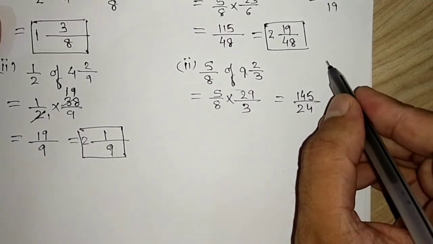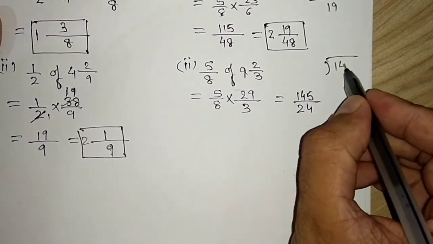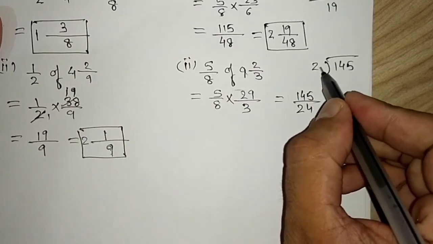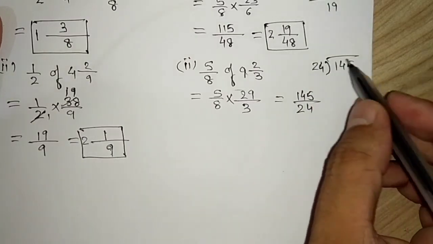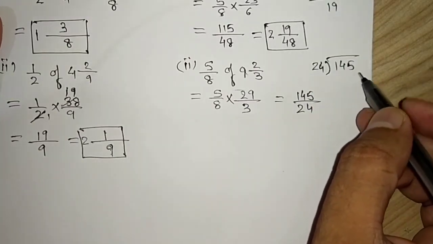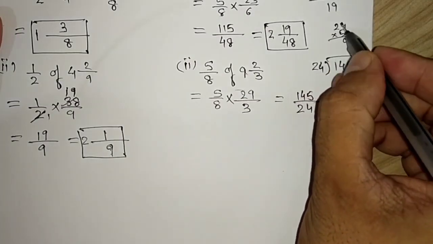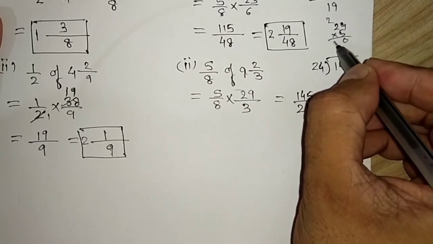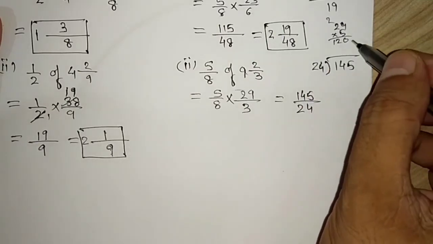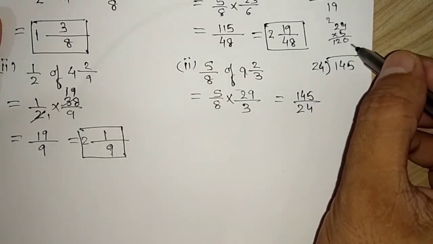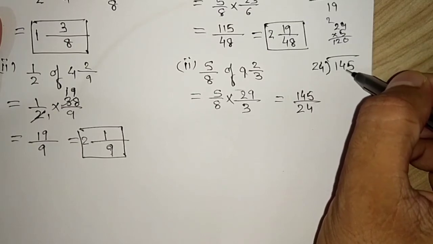Converting it into a mixed fraction, we will divide 145 by 24. 24 4s is 96. So let me take 24 5s: 5 4s are 20, 2 carry, 5 2s are 10, 120. And again if I add 24 to it, it will give me 144.